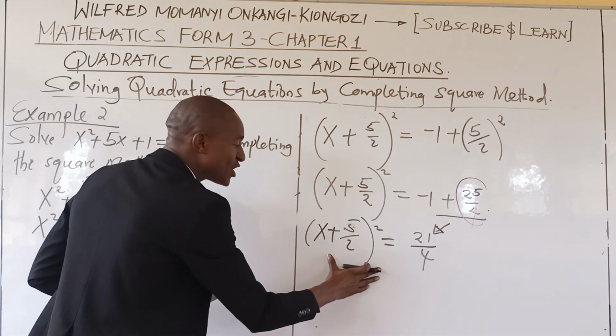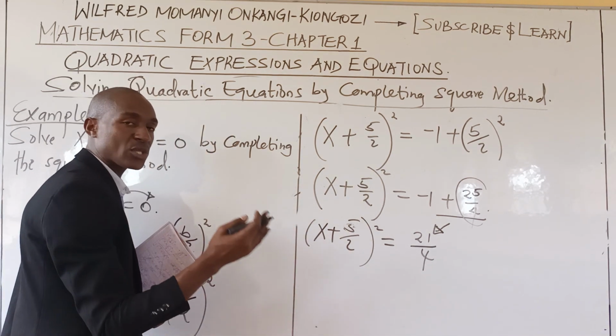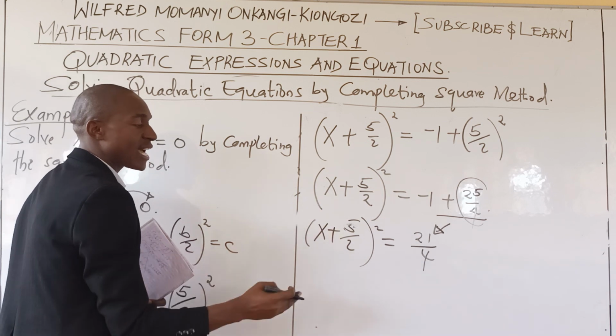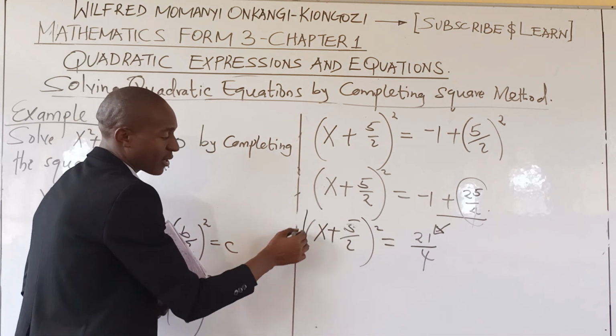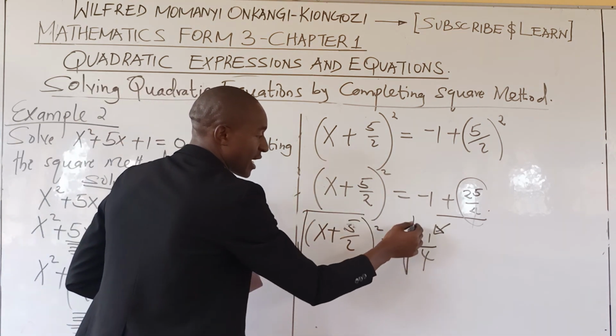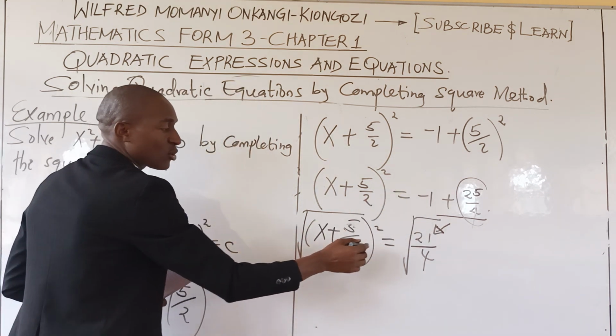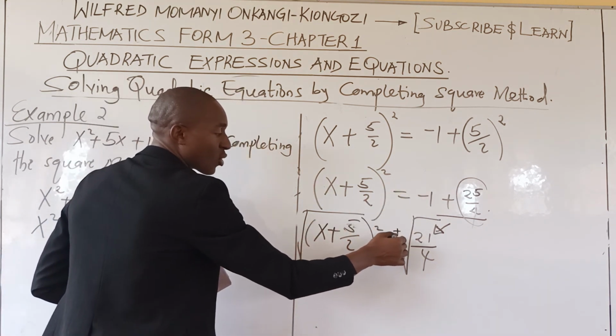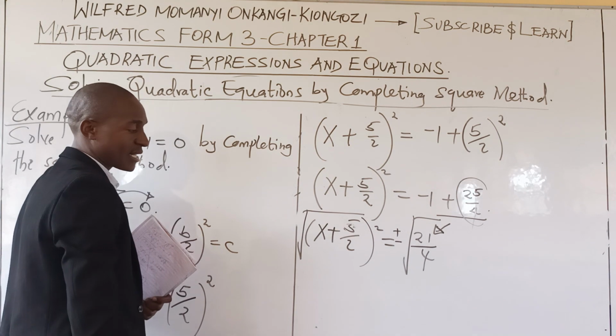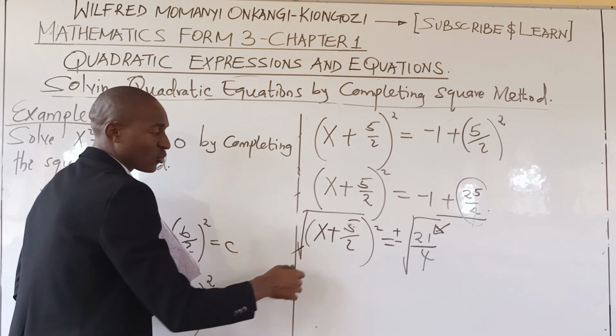Then now at this juncture, you're looking for the square root on both sides so that you remain with x on one side. So you do the square root here, you do the square root here. And remember, the square root of a number is positive or negative of its factor. So the square root cancels with the square.